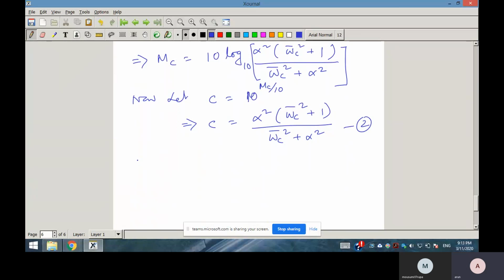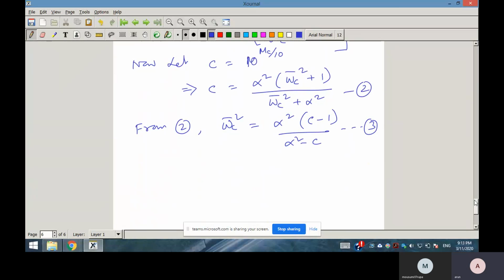And then from 2, you can get omega c bar square. You can express omega c bar square. If you check it, this will be alpha square into c minus 1 divided by alpha square minus c. So this is suppose equation number 3.